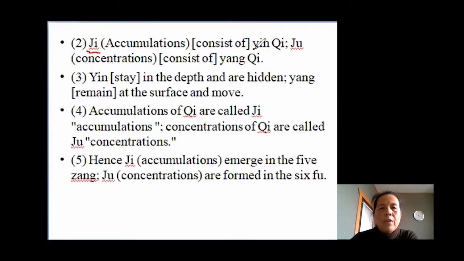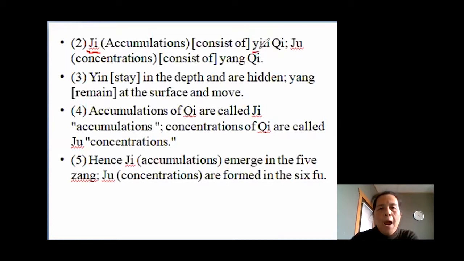We say everything we can separate into yin and yang. So between qi and blood, qi is yang, blood is yin. But from the qi aspect, we can separate yin and yang again.